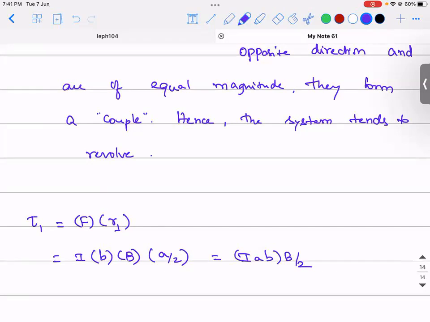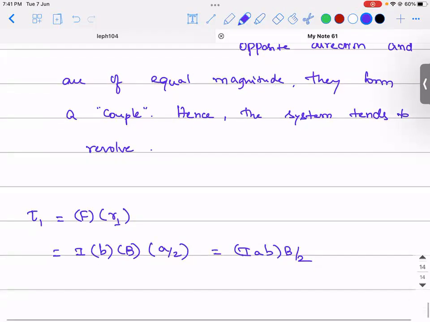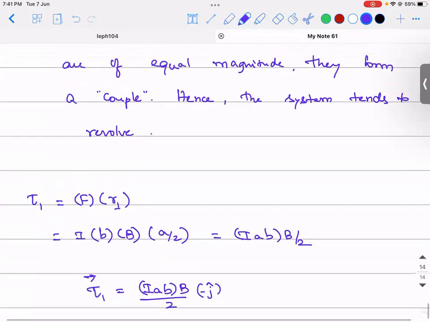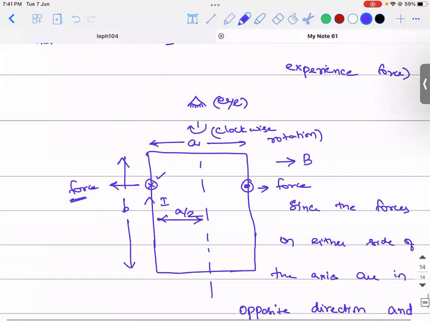Right? This is going to be the torque experienced by the first current carrying conductor. And the same torque, if I write it in the form of vector, I will write it as IAB into capital B divided by 2 in the direction of J cap with a negative sign. Why is it so? When you see it from the top, clockwise rotation is taking place.